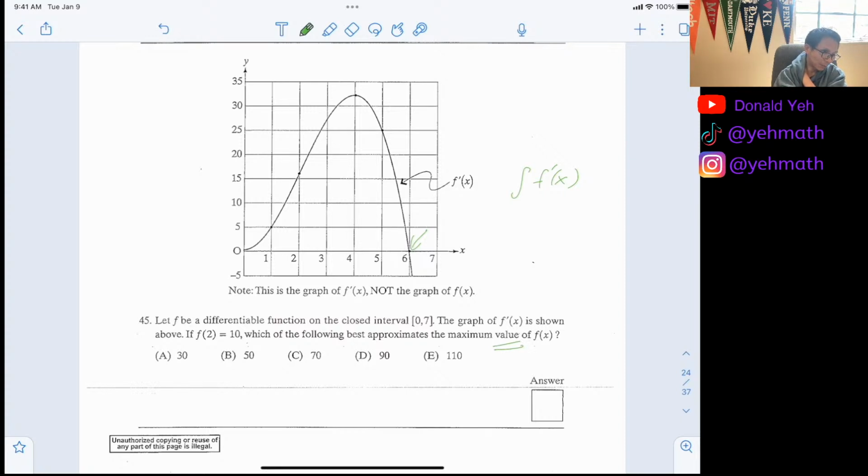So that means it's going to be the integration from 2 to 6. And remember, that's equal to f of 6 minus f of 2. And f of 6 is going to be the output, so it's going to be f of 2 plus the integration from 2 to 6 of f prime of x. And you had to count the squares.